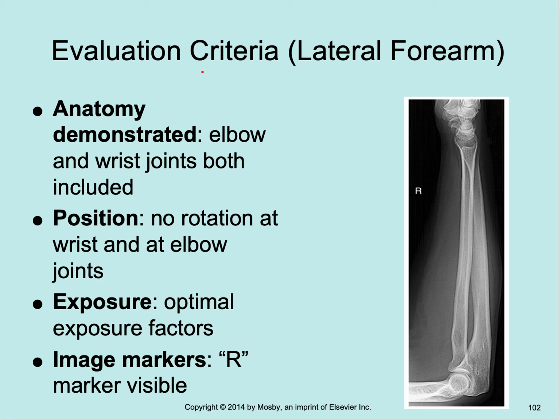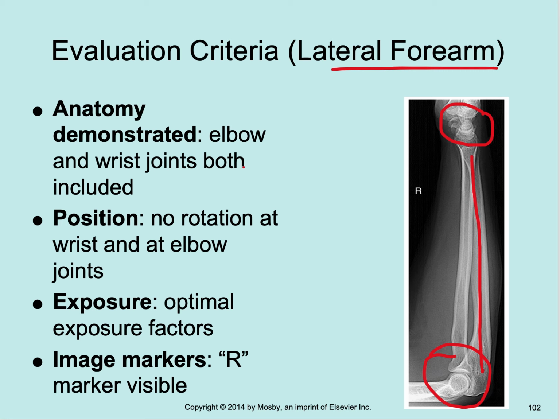So, evaluation criteria, this is a lateral forearm. You want all the anatomy demonstrated. And when you're imaging long bones, you need both joints, the distal joint and the proximal joint. So, elbow and wrist joints both are included. You want the proper position.